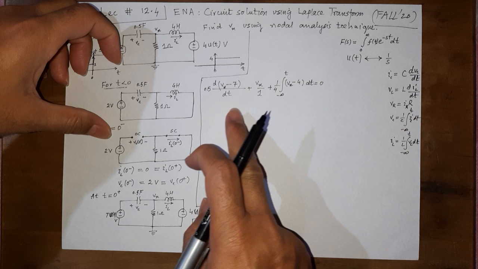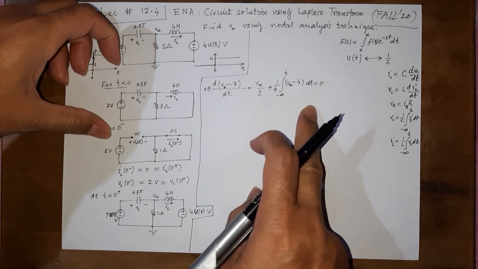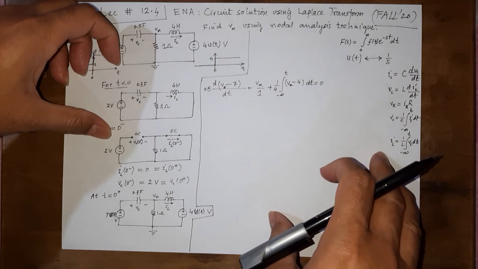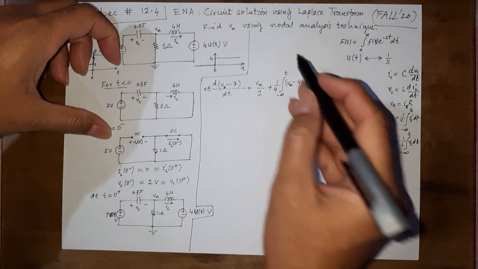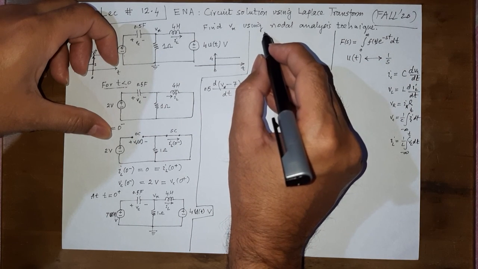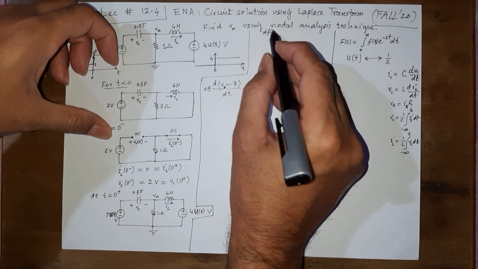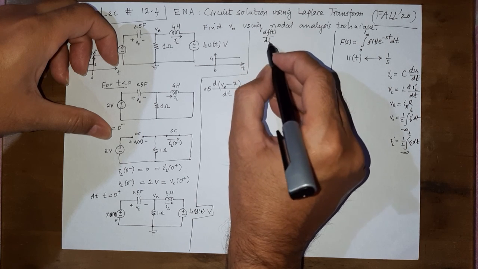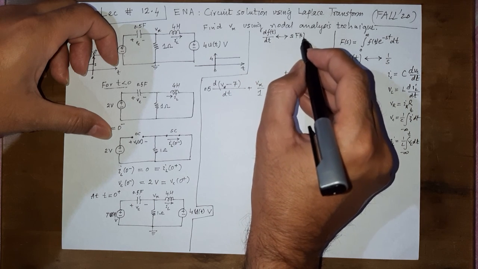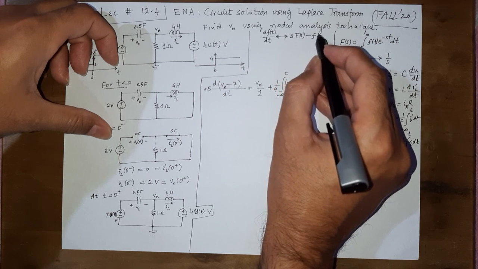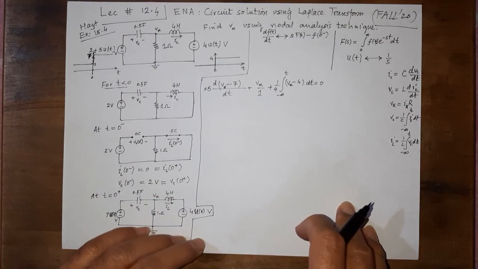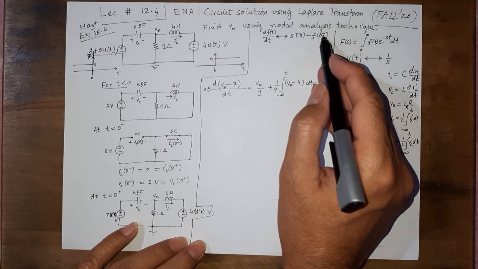We can differentiate throughout to get a second order differential equation, or we can keep it like this, doesn't matter. Now we have to look up the tables where we can see in the functional transform table that a derivative of a function has a Laplace transform of s into the Laplace transform of the function minus the initial value of the function at t equal to 0 minus.